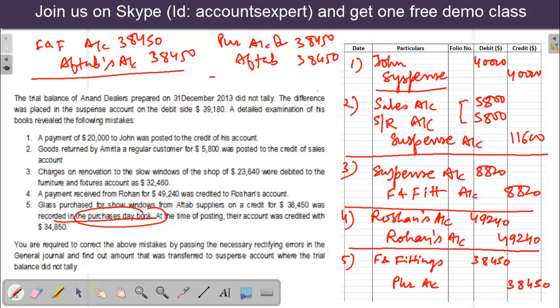So in the entry, Aftab's account is correct. There is no mistake in the entry regarding Aftab. See, this is the correct entry. We should have passed this entry, but we passed this entry. Now see how to rectify this mistake.